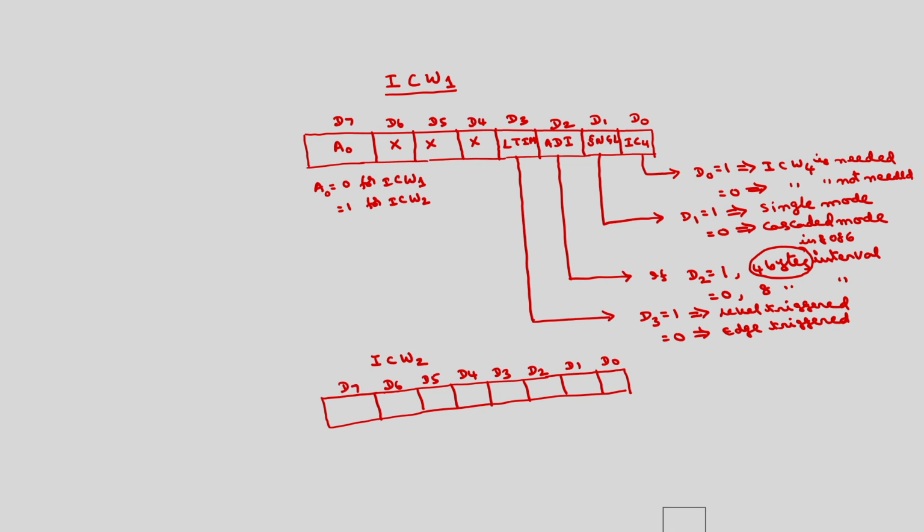The first bits are A8, A9 and A10, the status of A8, A9 and A10. Then the last bits are T3, T4, T5, T6, and as I have told, the D7 bit is 1 for ICW2. So, there will be one more bit, which is called T7.